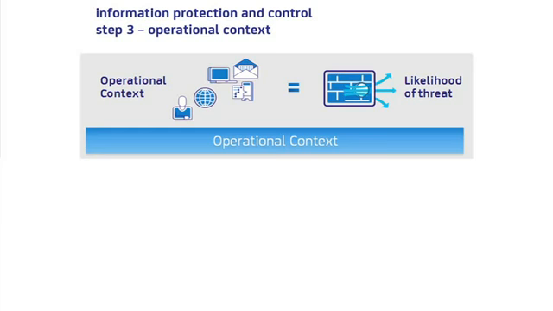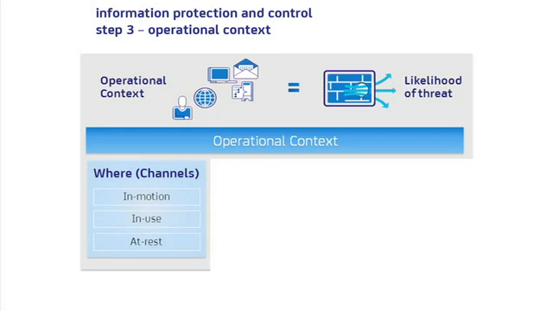The first step is identifying where the data is used as part of the data lifecycle. Channels would include in motion or over the network, in use or on workstations, laptops, data being transferred to USB devices or printers, or at rest, data within databases, file systems, or even collaboration software.